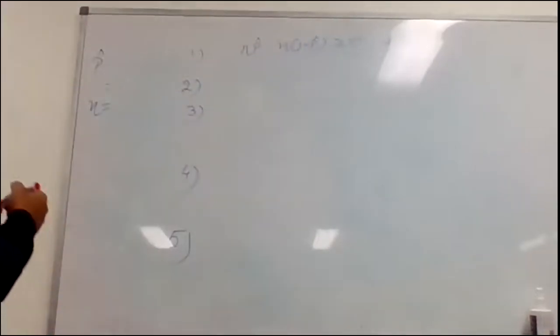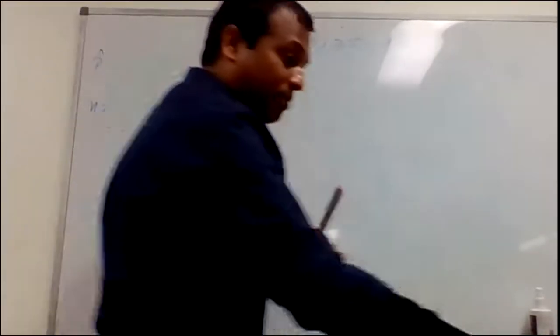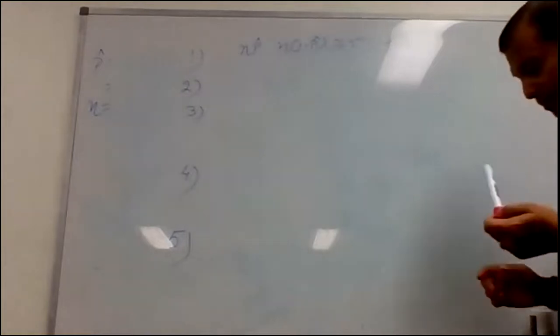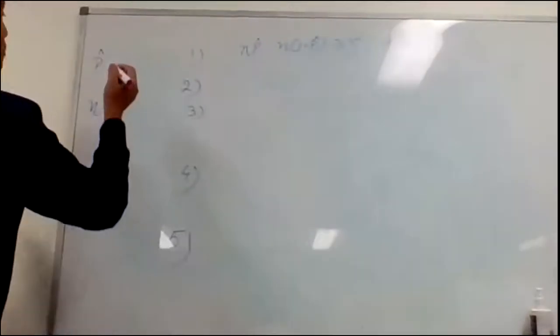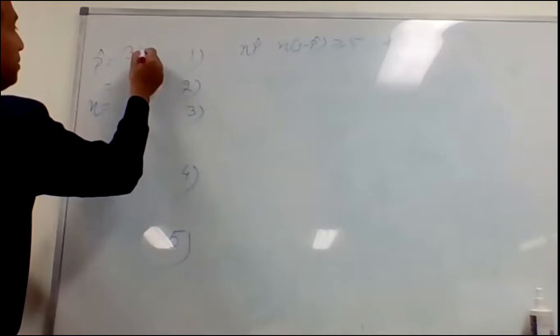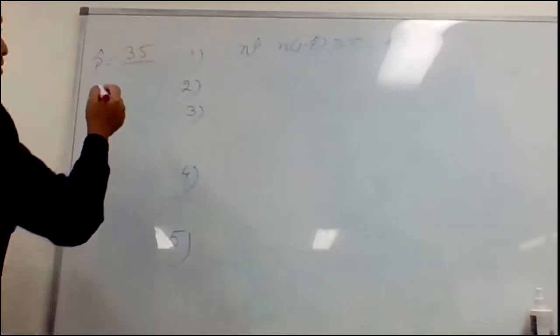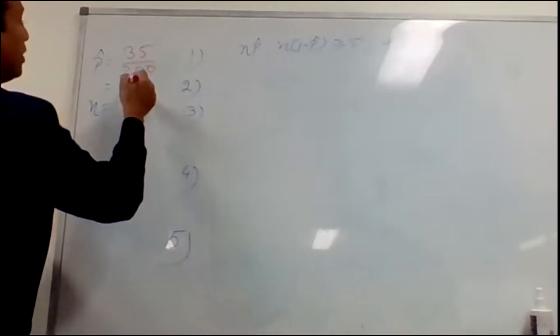Yes, 35 items are non-conforming. So the proportion will be 35 divided by the total 200.